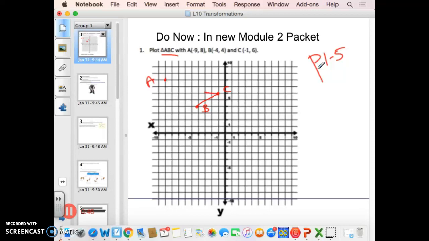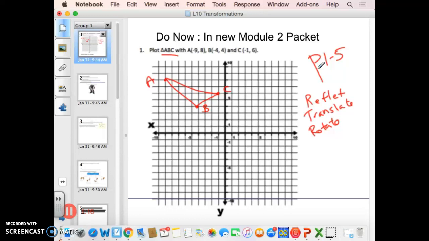So for each of the next 3 pages, these are the coordinates you're going to start with, and you're going to determine what happens after you do different transformations. The different transformations we're going to talk about today are reflection, translate, and rotate.